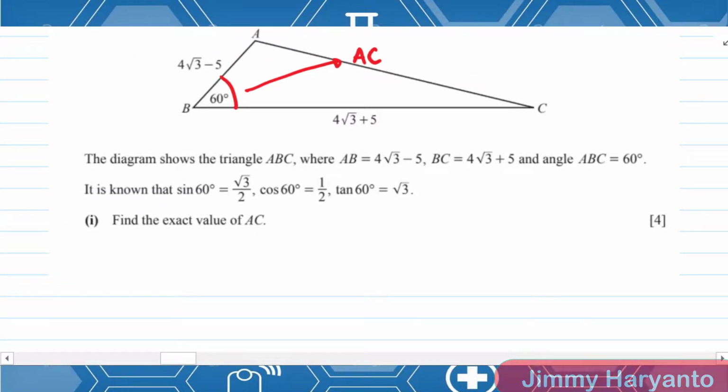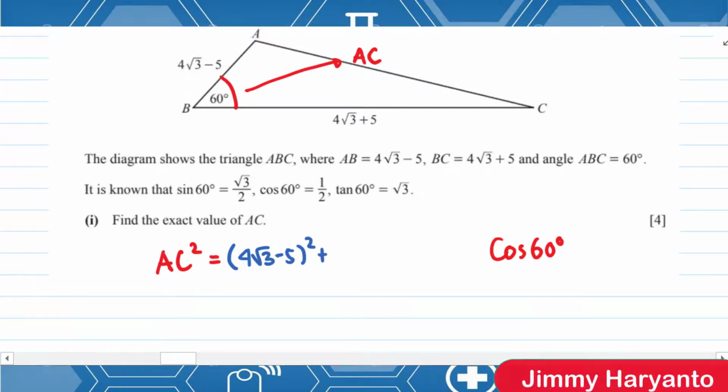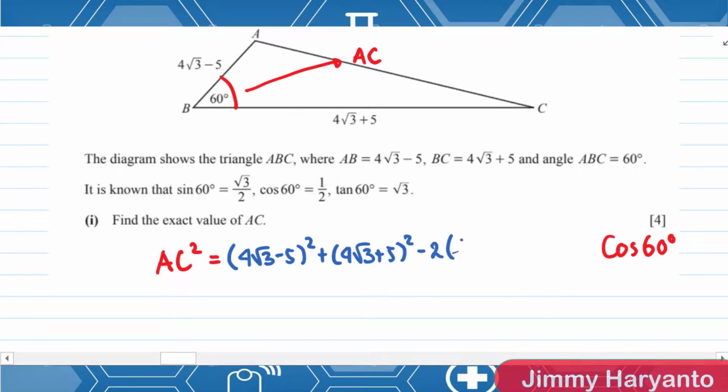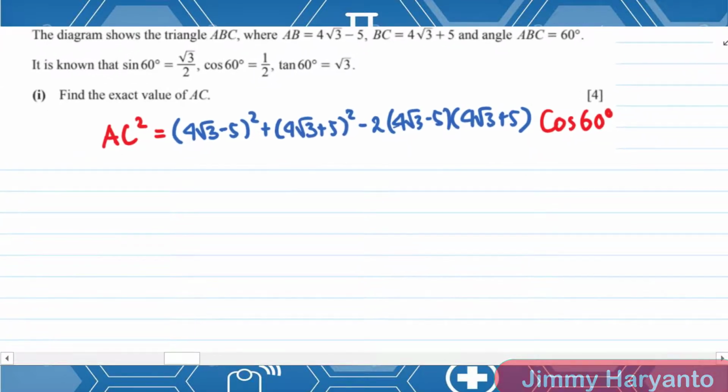When you have this pair AC and 60, you write AC squared in the front and then cos 60 at the back, and then you can write the sides of the rest: 4 square root of 3 minus 5 squared plus 4 square root of 3 plus 5 squared, minus 2 times the first side and times again the second side. So this is the formula of the cos rule.